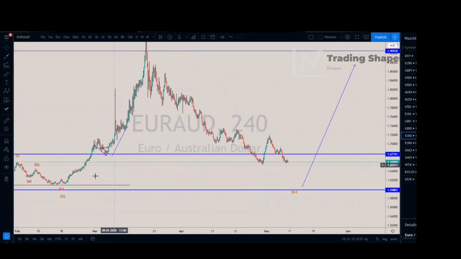Same thing, same concept. What are most retail traders saying? A, B, and a C. Double bottom and move up. It's going to give them that push and then drop, continue going down.